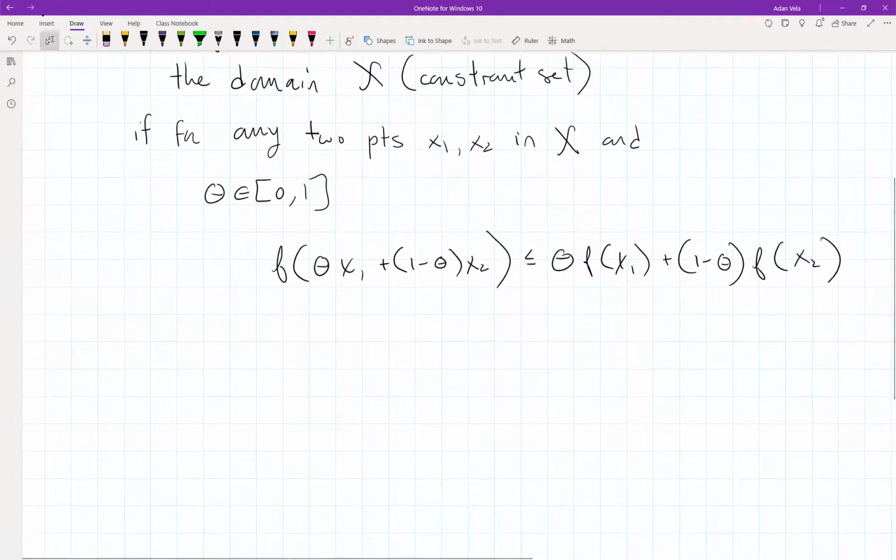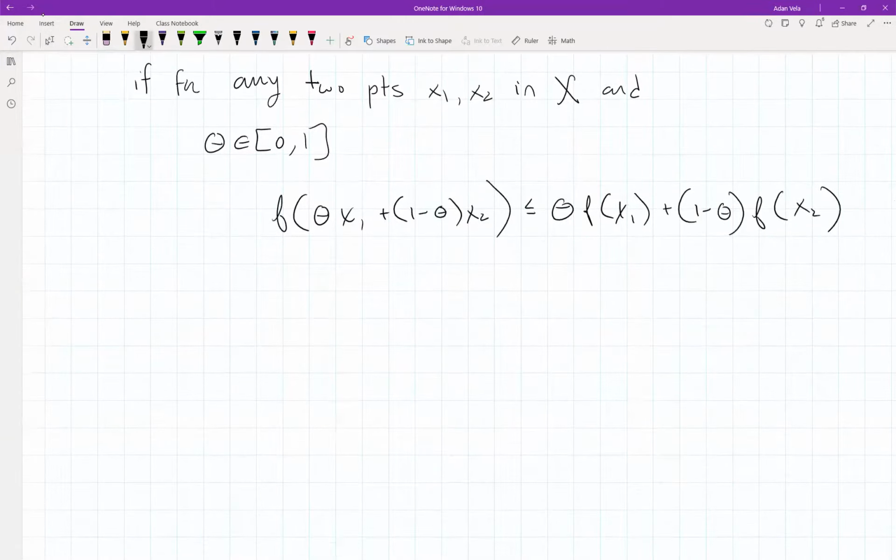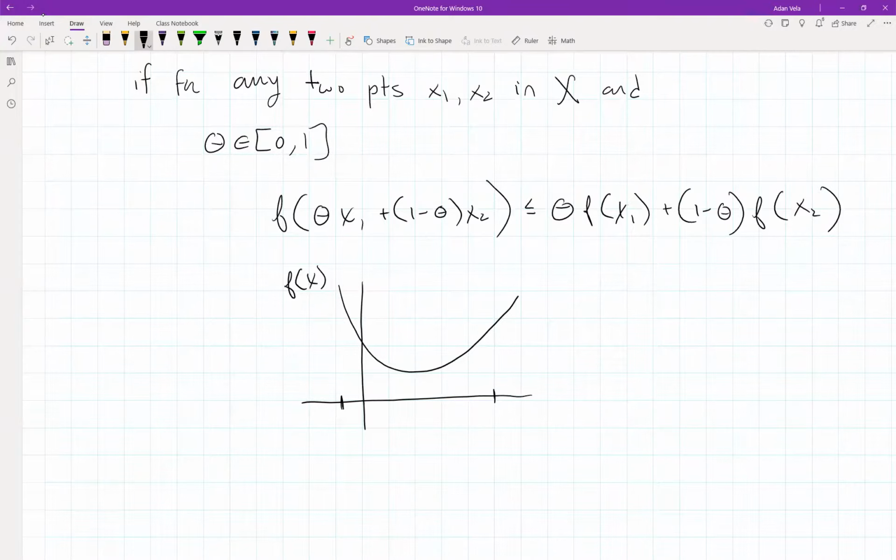All right, so what does this even mean? Well, I'm going to draw a graph. Let's pretend this is our function f of x, right? So this black line. And maybe our domain that we're going to allow is everything in between these two values. So this is going to correspond to our feasible set.